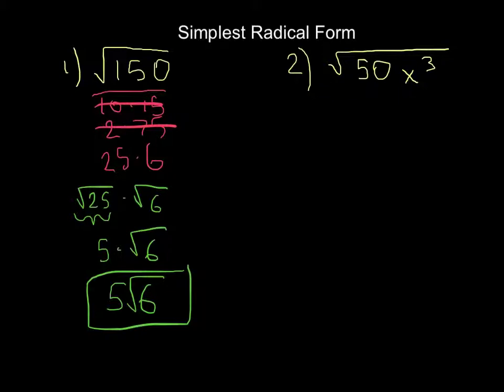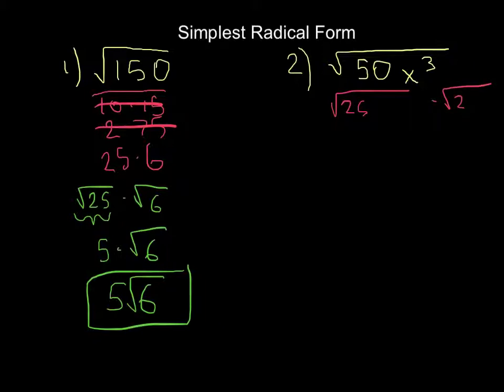We can also do this when we have variables. So in this case we're going to look to get the same thing we did in the other case. So again with the 25 we can see that 25 times 2 would get 50, and then we also need to get the x part.